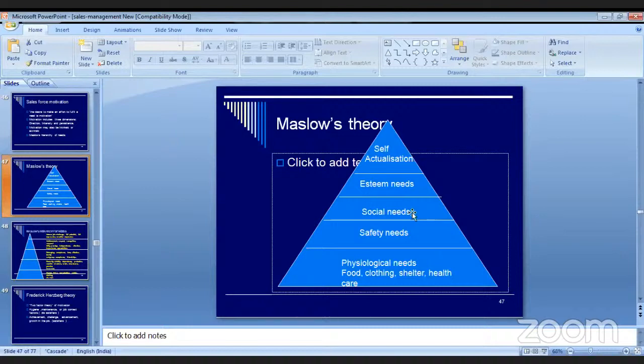So social need, you are getting a designation along with financial benefit, that is important. Then esteem, your prestige, your status, also matters for every individual for motivation. So Maslow has elaborated this theory, and every sales department faces all these activities.